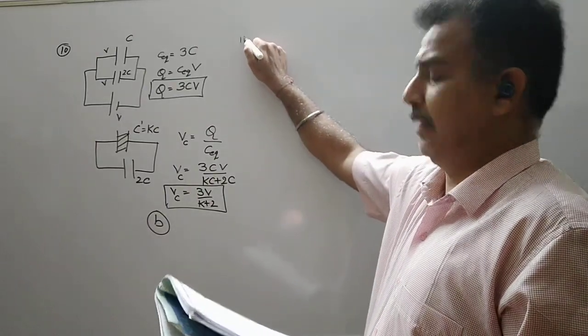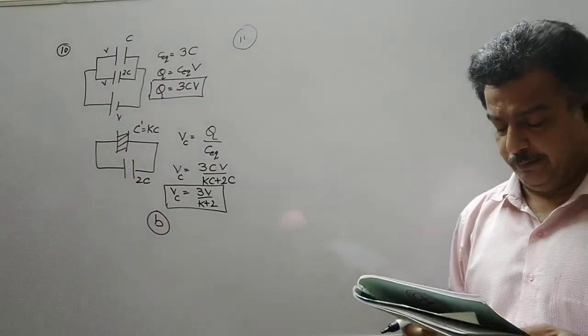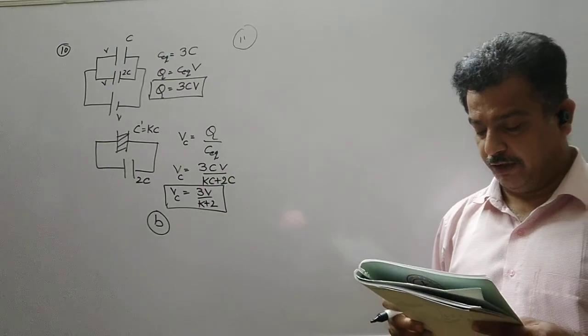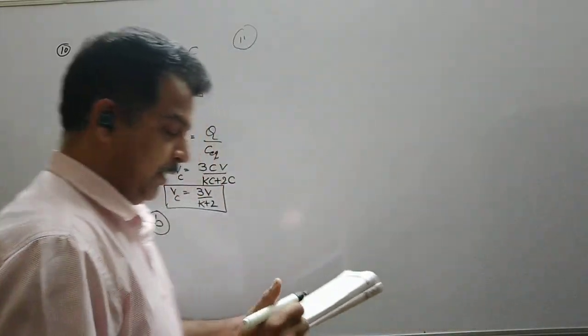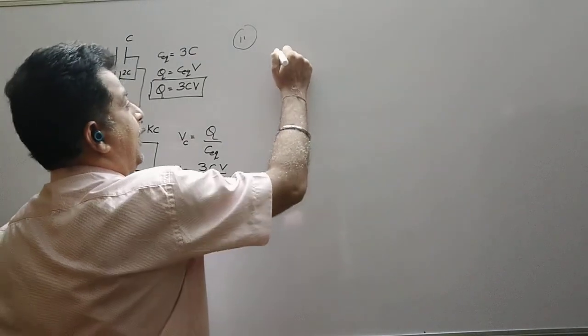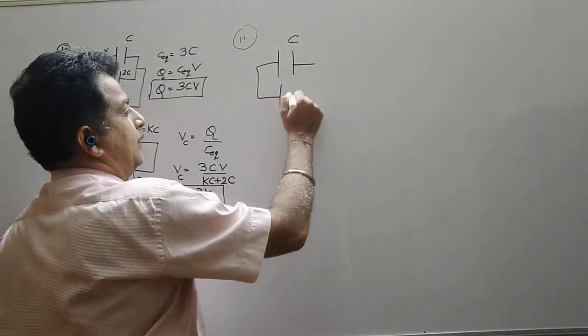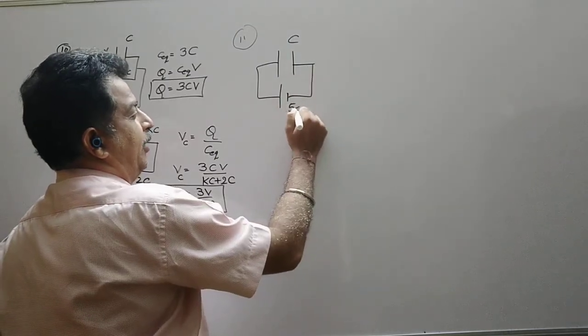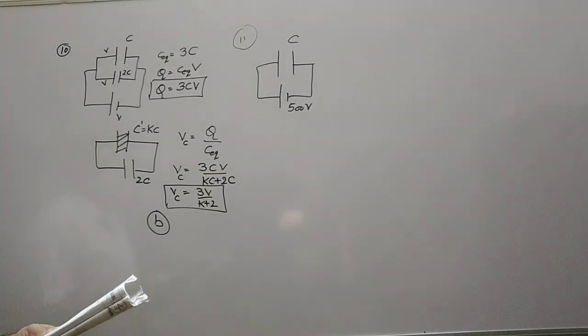A parallel plate capacitor with air between the plates is charged to a potential difference of 500 volt. So we have a capacitor where air is the dielectric and it is connected with a battery of 500 volt and then insulated.